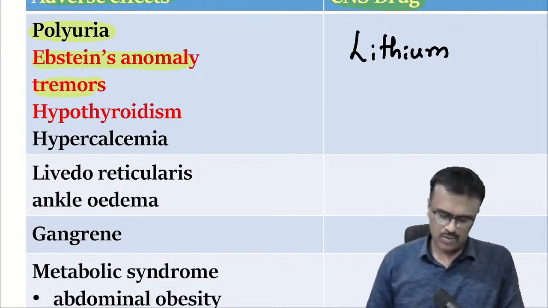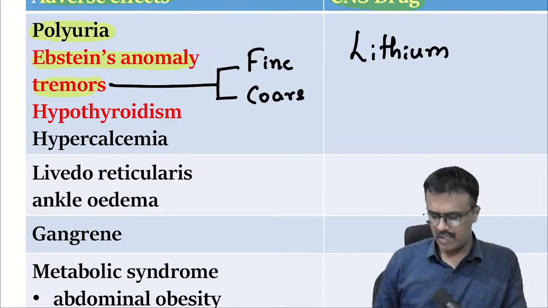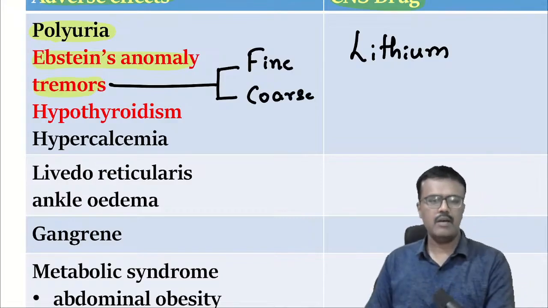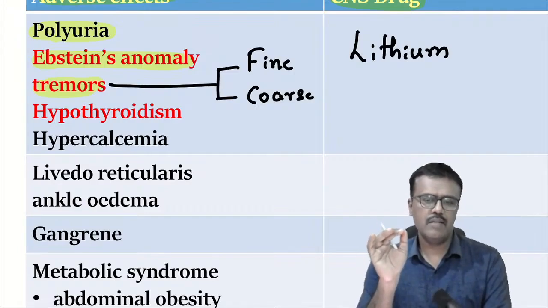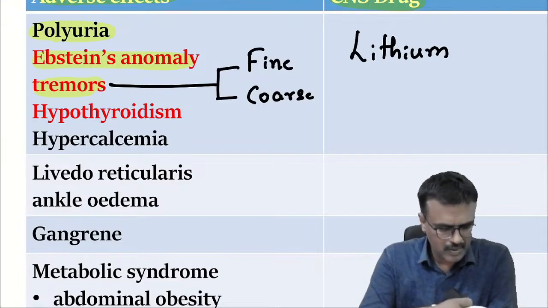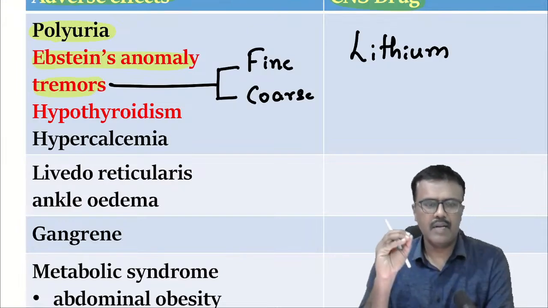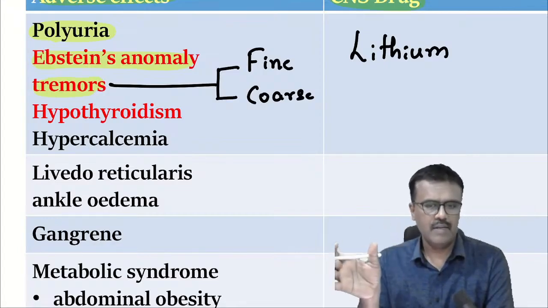Now tremors, two types of tremors with lithium: fine tremors, coarse tremors. Looking at tremors, can you tell whether there is lithium toxicity or not? See, if the tremors are fine tremors, the dose is fine, no problem.